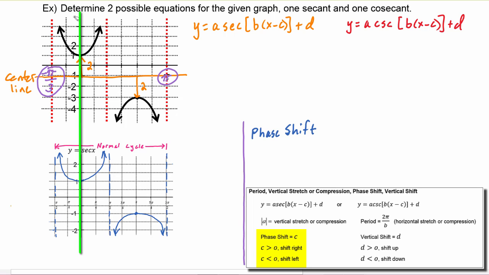We see that on the y-axis of unaltered secant is this minimum point, and on our graph, right there on the y-axis, that minimum point is still there. So for secant, there's been no phase shift, which means C is equal to 0.